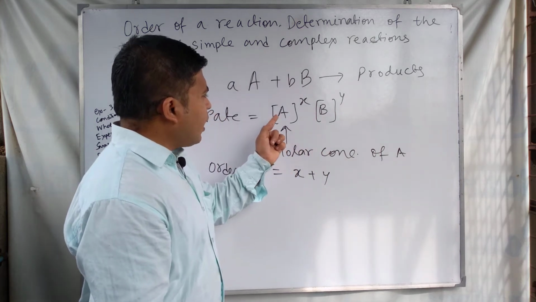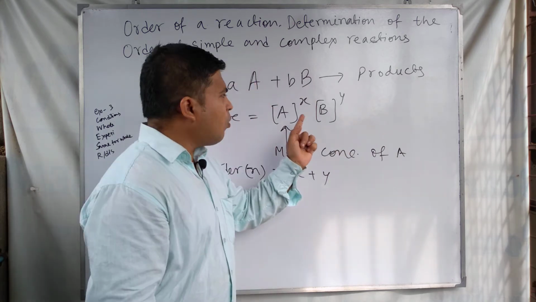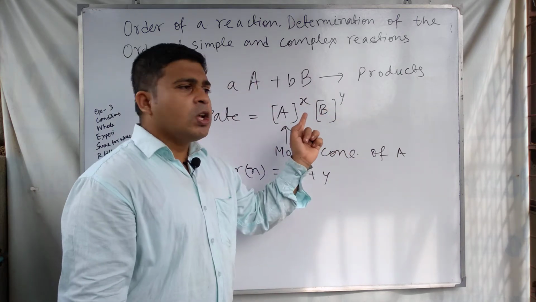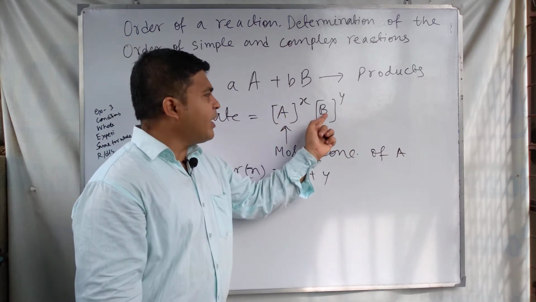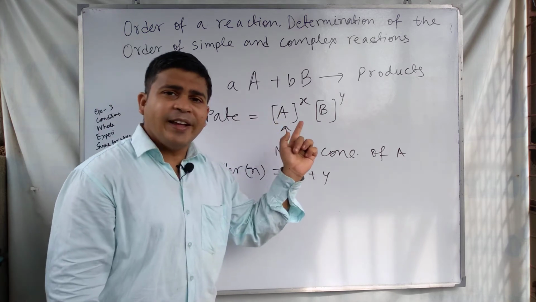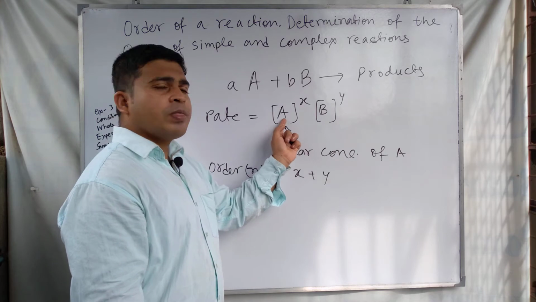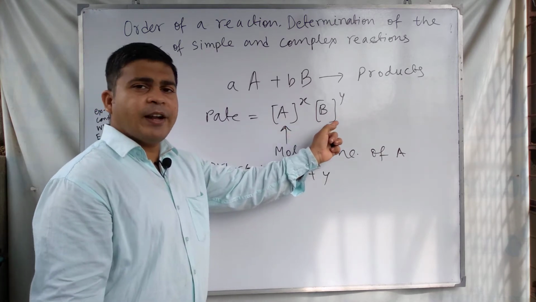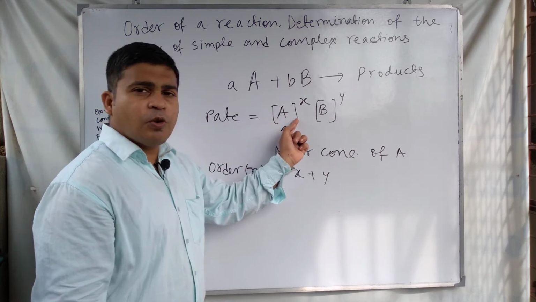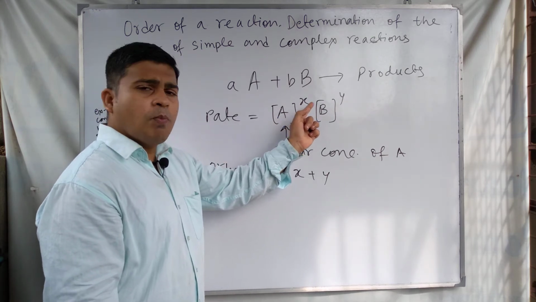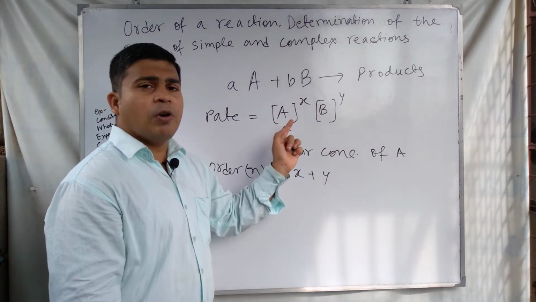For a chemical reaction, the order is the sum of the powers of the molar concentration terms of the reactants that appear in the rate equation of the reaction. These two are the concentration terms of reactants A and B, enclosed in square brackets, which represents molar concentration, and these two are the powers.